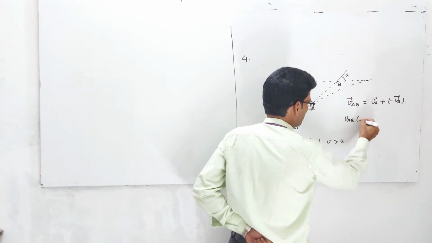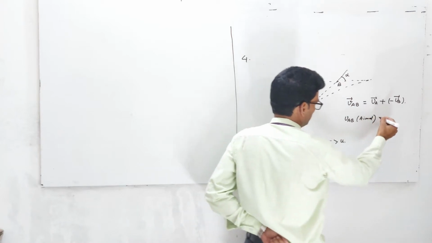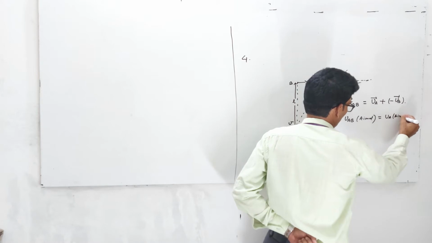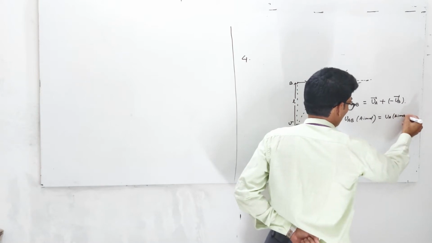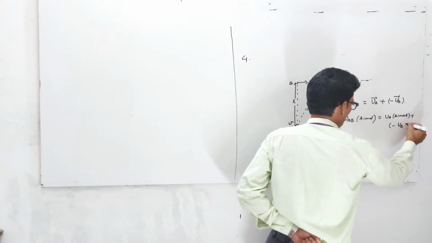V_AB aimed is equal to V_A aimed plus or minus V_B aimed.